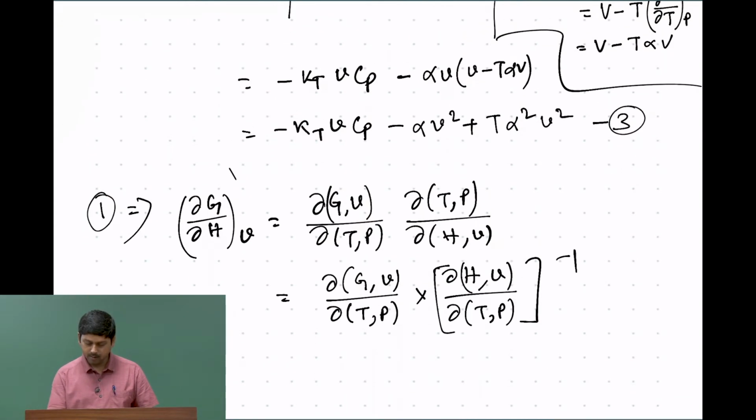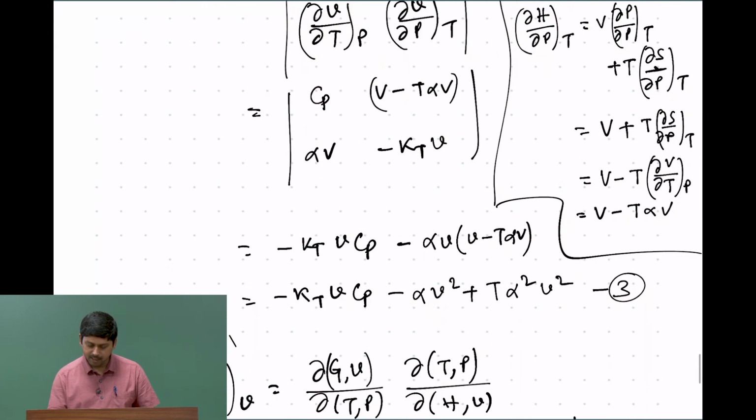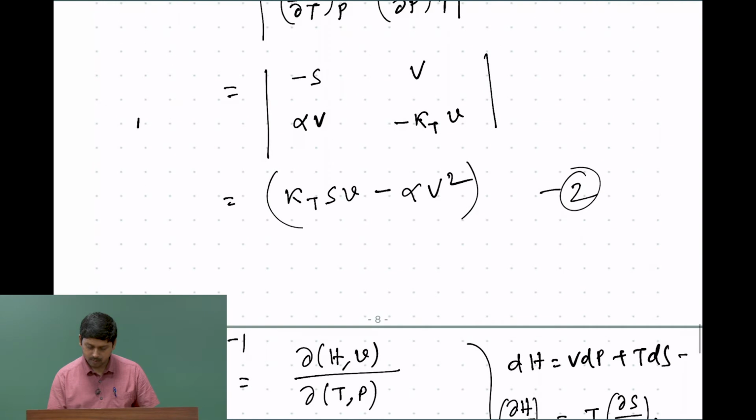Now, from equation 2 and 3, del g v by del T p, we got kappa T S v minus alpha v square.